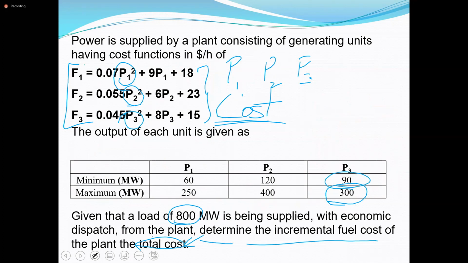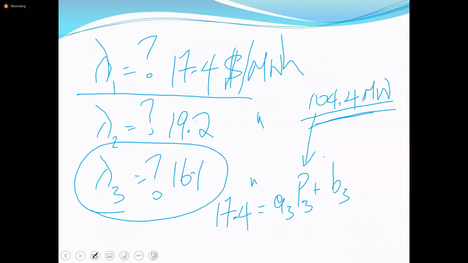As the most efficient unit, for it to add just 14 more megawatts looks kind of small. Anybody else got 104?